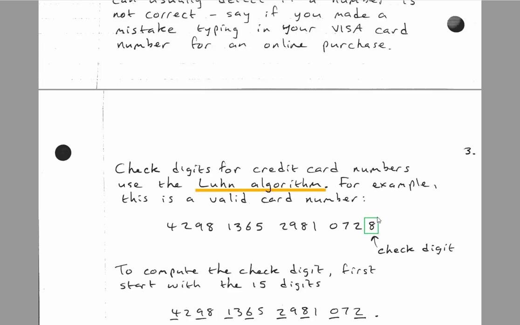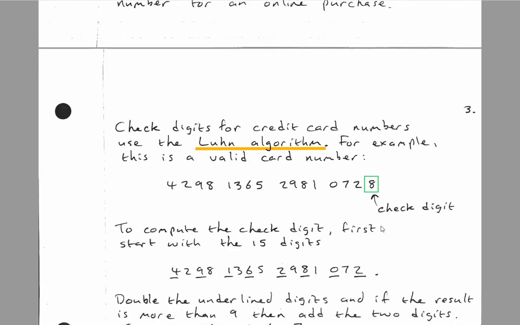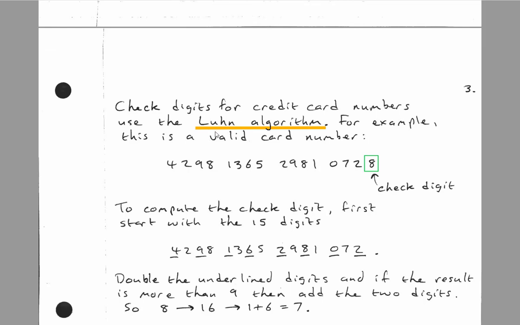So in this example, the check digit is 8. So how does it work? The first 15 numbers are the real identifying information, and then you can calculate the check digit using the Luhn algorithm.